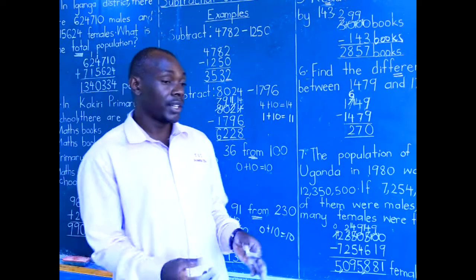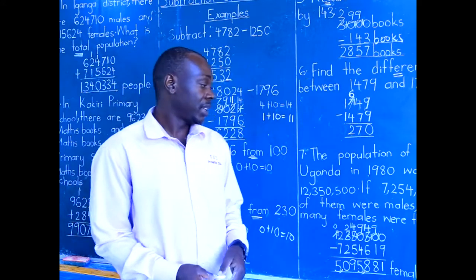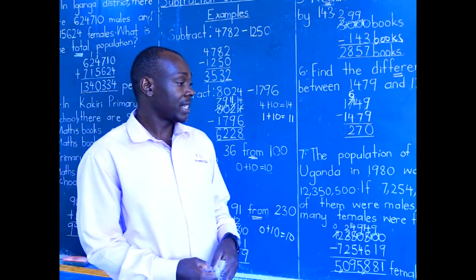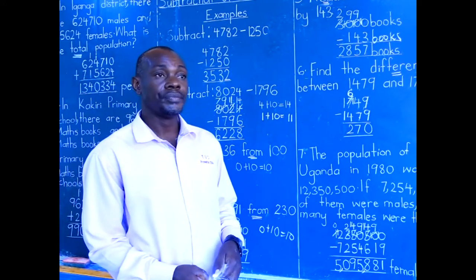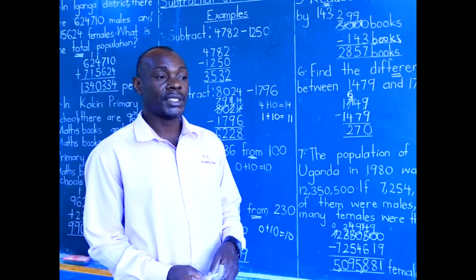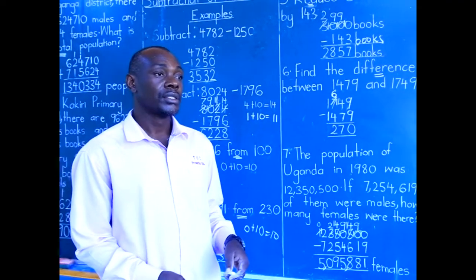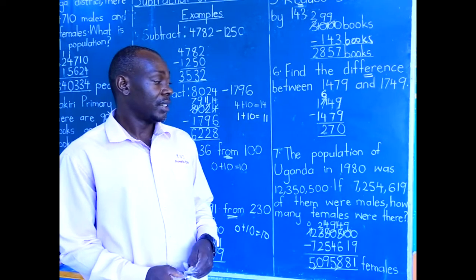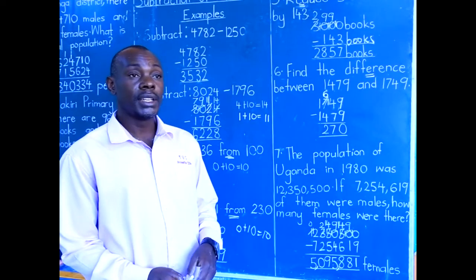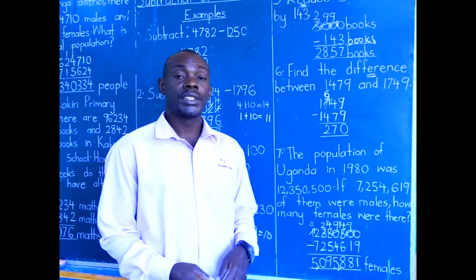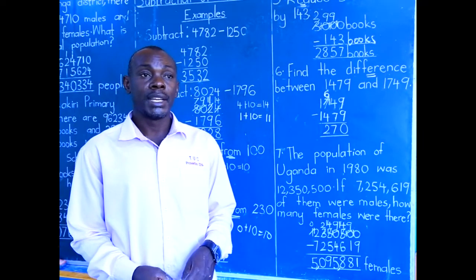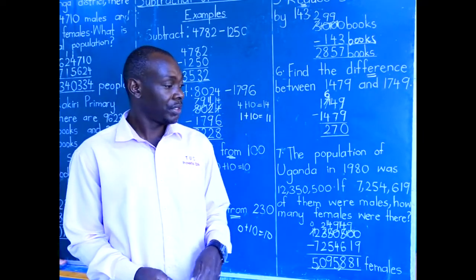You can say the number of pupils in the class is 60, of whom the boys are 50. How many girls are there? You say 60 pupils minus the boys who are 50, you get 10 girls.